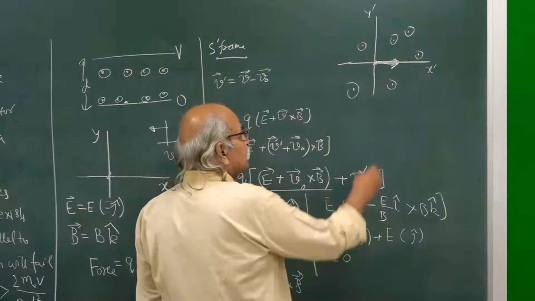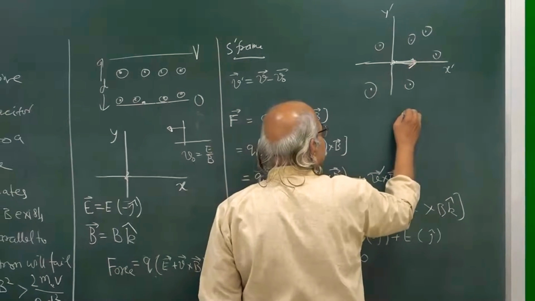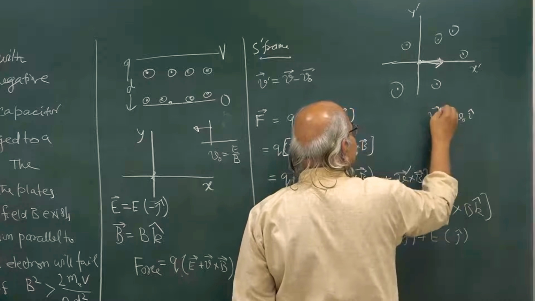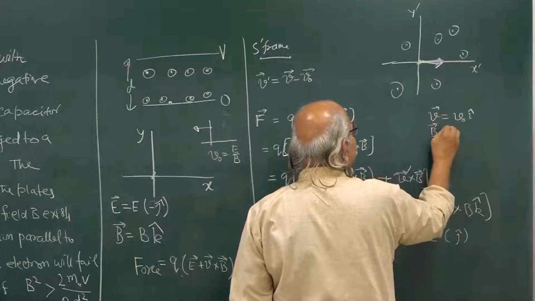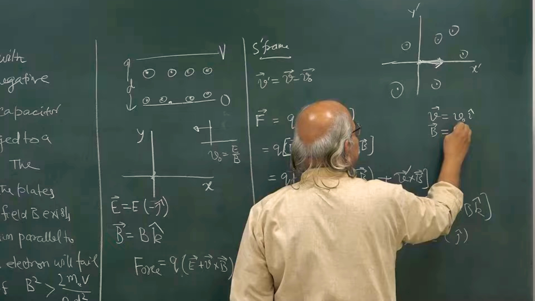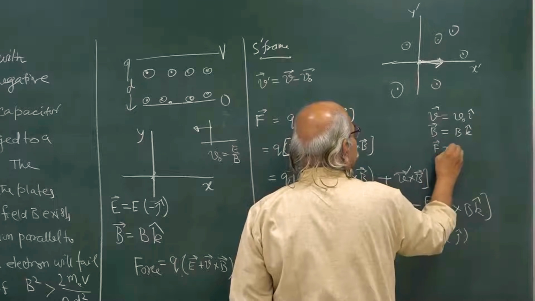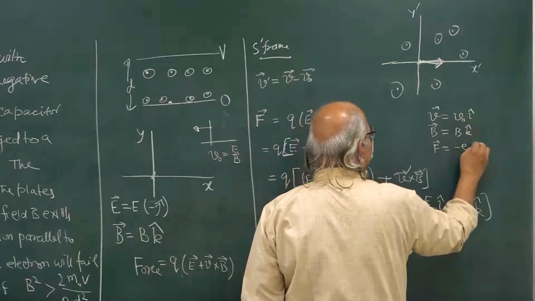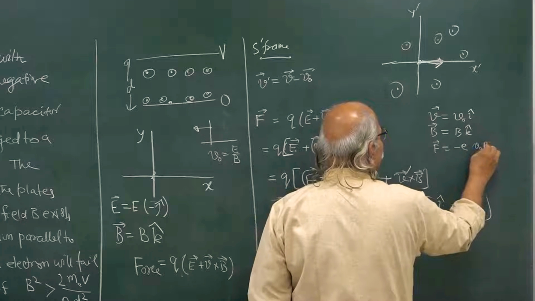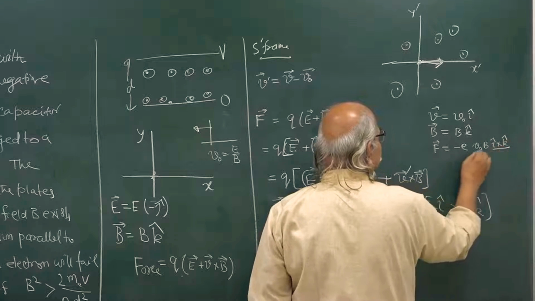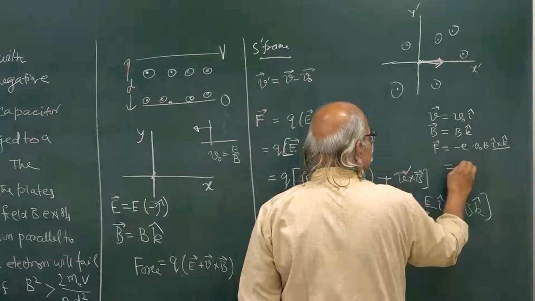Okay. So, you can write here the velocity is V naught i cap, and the magnetic field is B k cap, and therefore, the force is minus e times V cross B. So, V naught B into i cap cross k cap, and this is minus j cap, so the force is in j cap direction.